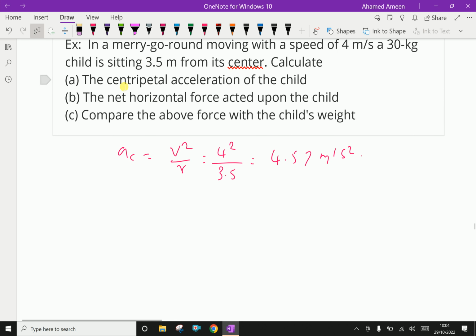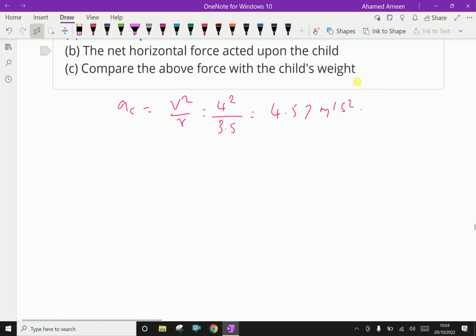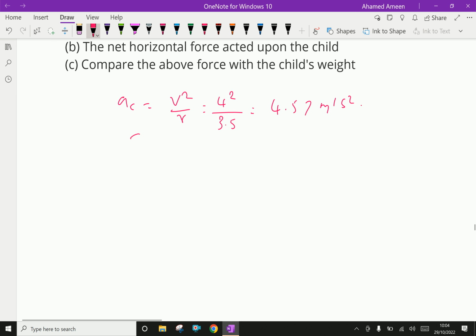The second question, the net horizontal force acted upon the child, that is F net. F net is mass into acceleration.